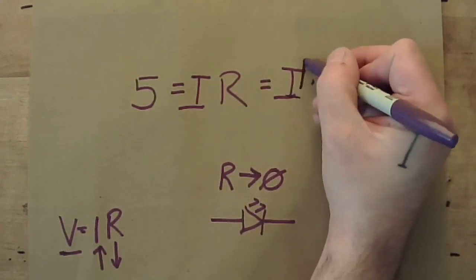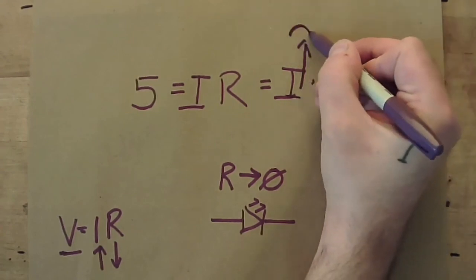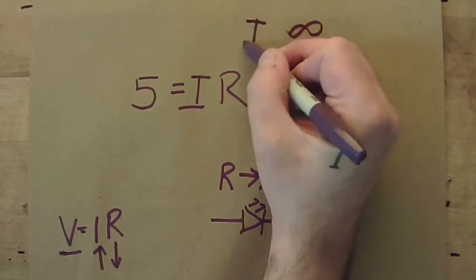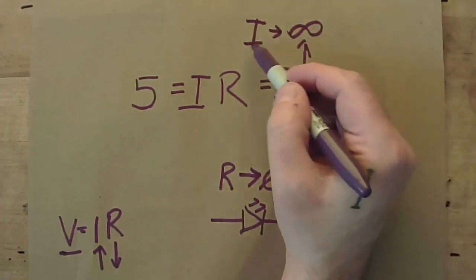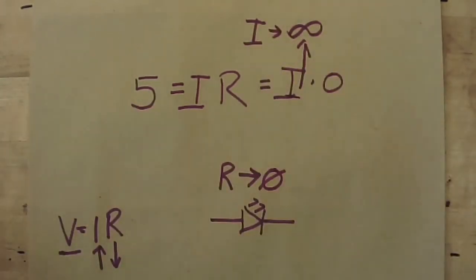That means current would have to increase approaching infinity, which we definitely do not want. Infinite current is bad. That's too fast of electron flow. It's not possible. But basically what that means is that if we allow the LED to just be powered of its own accord, it's going to let so many electrons through that it's going to burn up.